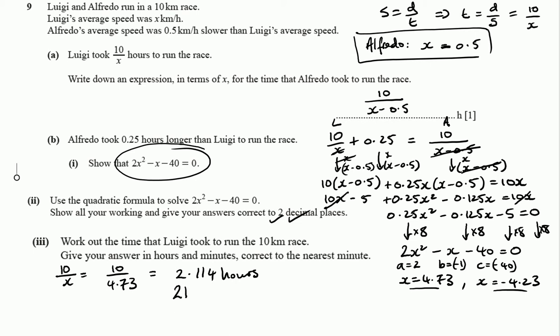So that's 2 hours and 0.114 times 60 gets me 6.84 minutes. So we'd say 7 minutes. And that 7 over there came from doing 0.114 times 60 and rounding to the nearest minute.